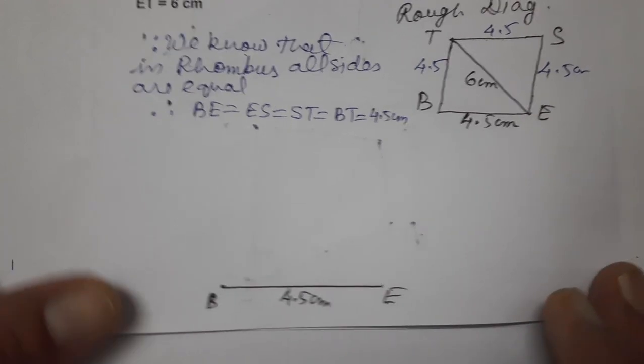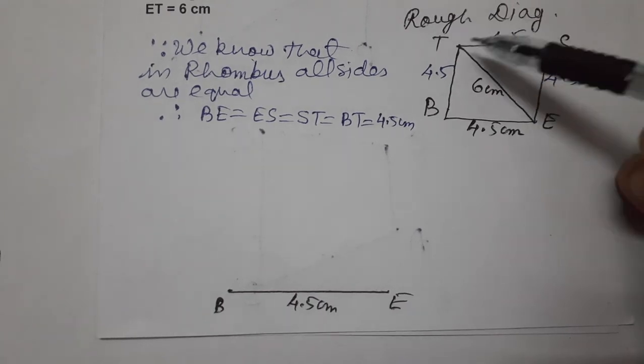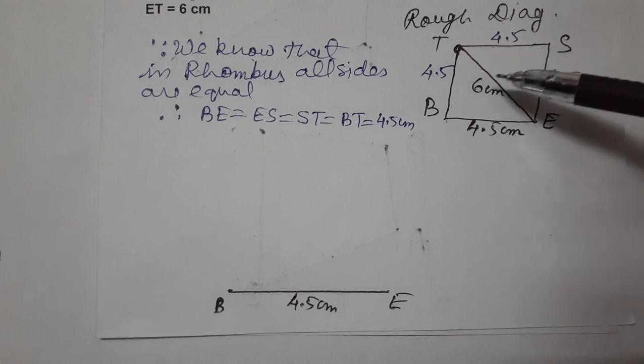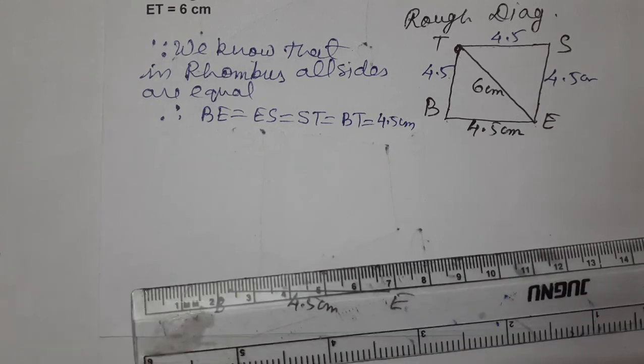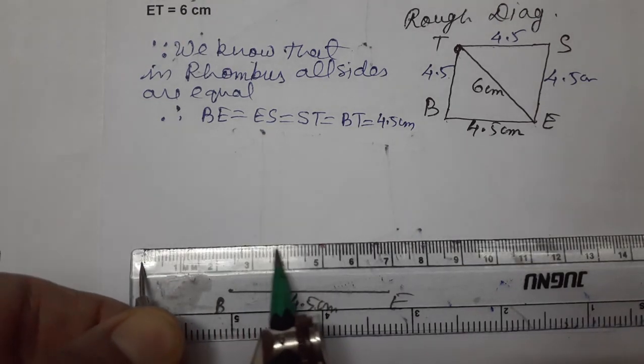Now children, see, take arc radius first of all for T. BT and ET: BT 4.5, ET 6. So take arc radius 4.5 and 6. Again take the ruler. First measure 4.5.